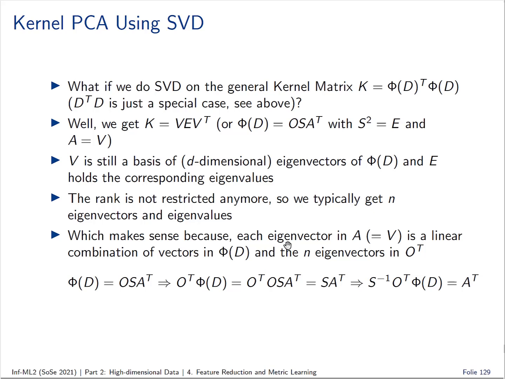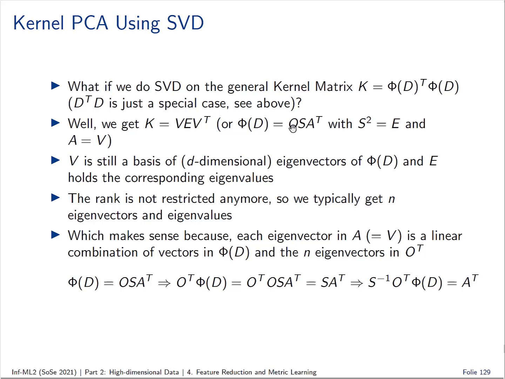It may make sense if you think about that each eigenvector in A or V, depending on how you view it, A is V actually, is a linear combination of the vectors of the mapped data space, and the n eigenvectors in O here.